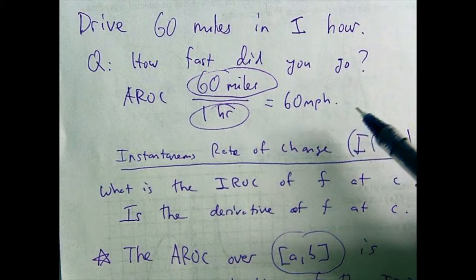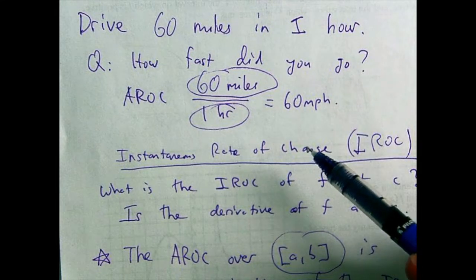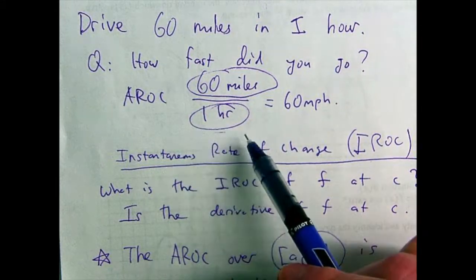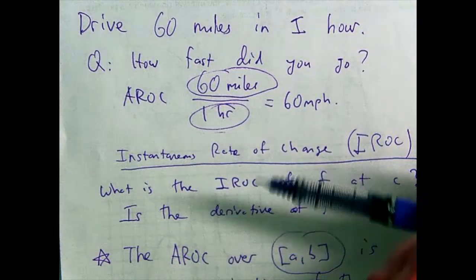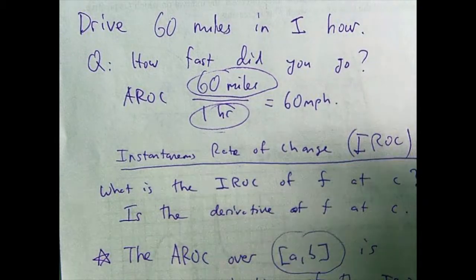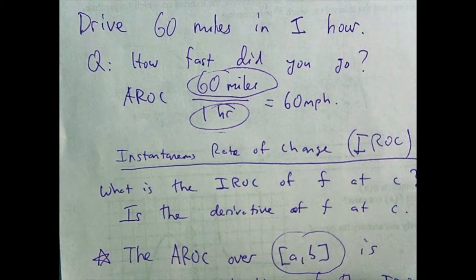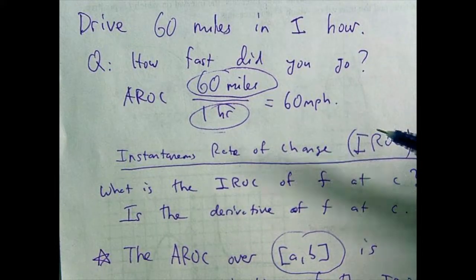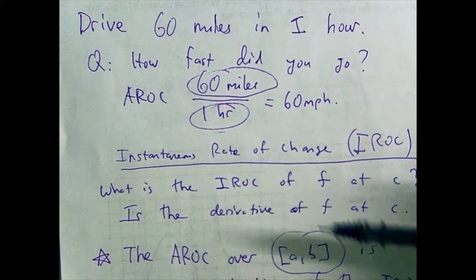Now, it's a very rough approximation because this is a very large interval. 1 hour is a long time, and you're taking an average over a long period of time. But if you looked at your average rate of change over a much smaller interval, like over, say, a 30-second interval, how far did you go over those 30 seconds divided by 30 seconds? That would be a very good approximation for what your speedometer was reading during that trip.